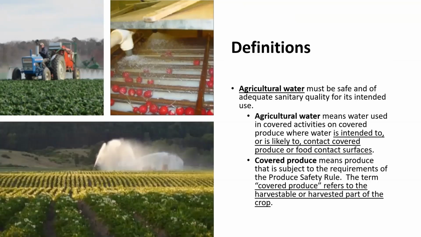And when we say sanitary quality here, we're talking about the microbial quality of that particular water. So that water needs to be free of any microbial pathogens that, if we used that water contaminated with microbial pathogens to irrigate or wash produce, for example, and then we ingested that produce, they would cause disease in humans.